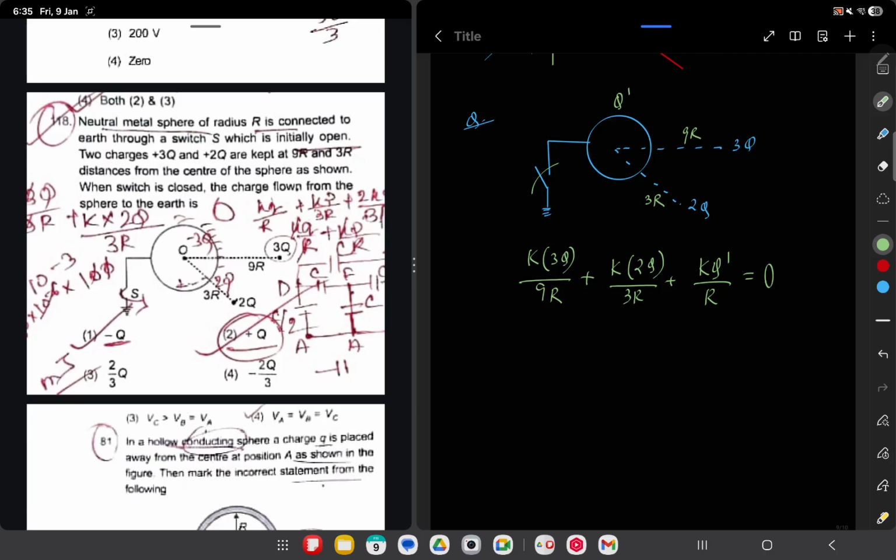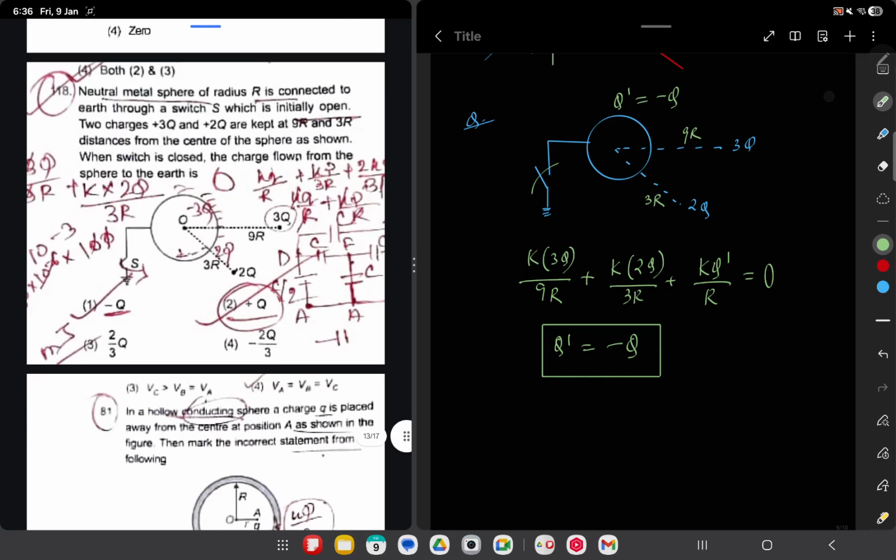So we can easily write q dash equals minus (3 by 9 plus 2 by 3) q, that is 1 by 3 q... that is, q dash equals minus q. So this sphere will get a charge minus q.